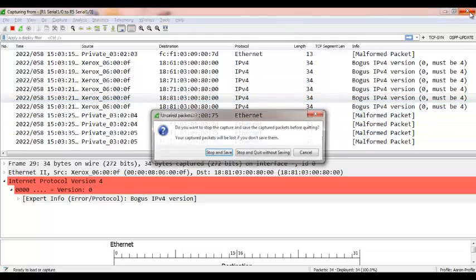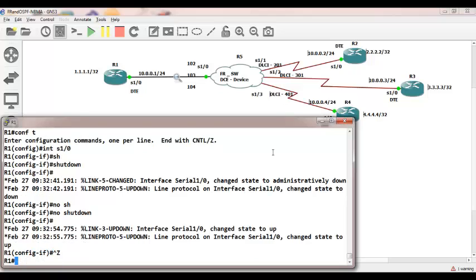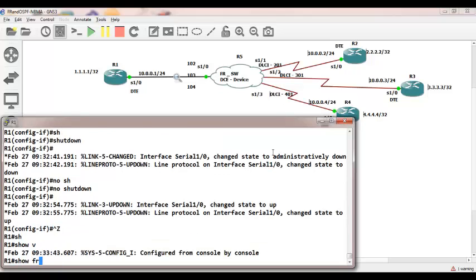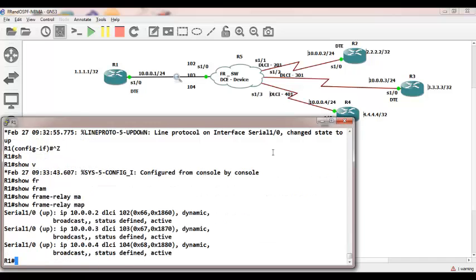So the protocol involved is called inverse ARP. With the help of inverse ARP, show frame relay map. Every router knows what DLCI number it should deliver the packet to.